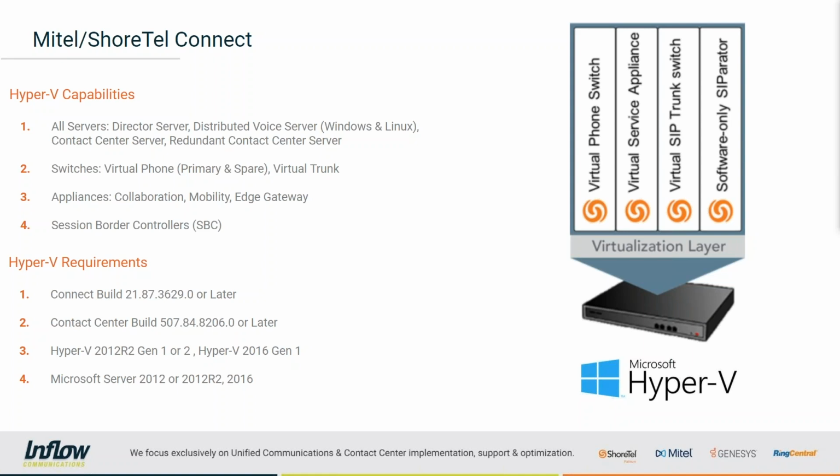Mobility started out, I think, about 5 or maybe 6 years ago when they bought the company to do mobility. So mobility now is a physical appliance or a virtual appliance. When you upgrade to Connect, every user will get a mobility license included. So if you upgrade to Connect, you can use mobility for free for your employees.